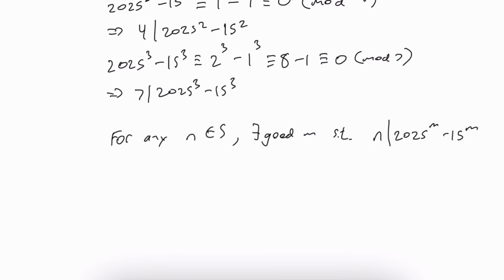So if we can try to find some pattern, we can write 2025 to the M minus 15 to the M as, factoring out the 15 to the M, this will be 135 to the M minus 1.